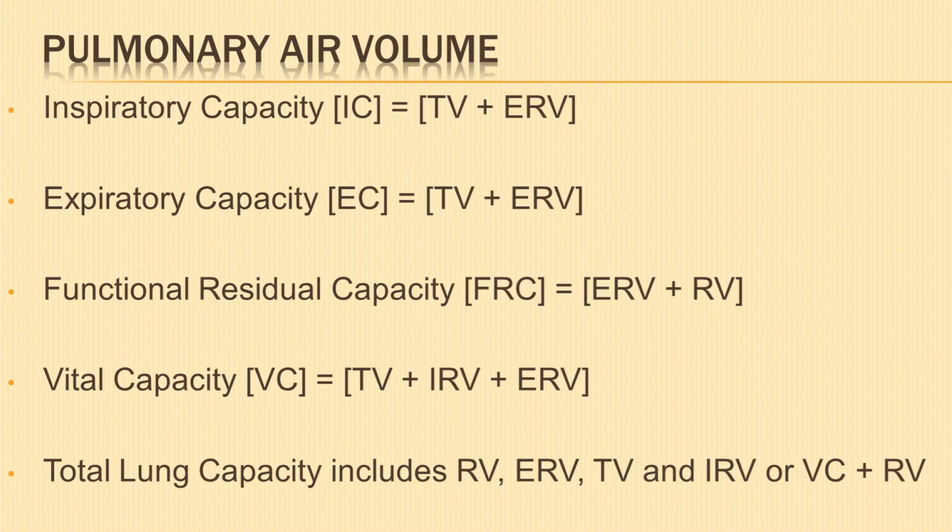Total lung capacity: the volume of air in the lungs and respiratory passage after a maximum inspiration. This includes RV, ERV, TV and IRV, or VC and RV. It is about 5,000 to 6,000 ml in adult males.